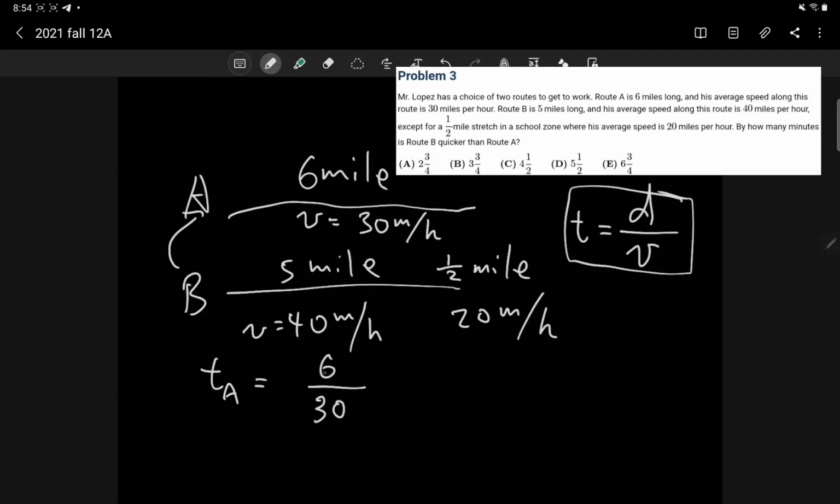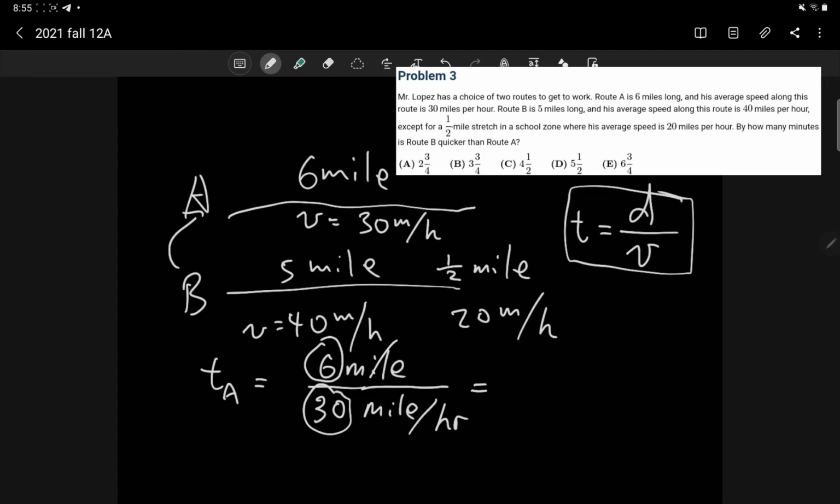What's on top is not only 6, it is 6 miles. And what's in the bottom is 30 miles per hour. Not only can we do operations for 6 divided by 30, you can also make the operations for the unit. For example, it is miles divided by hours.